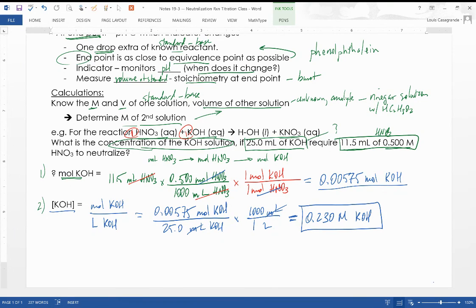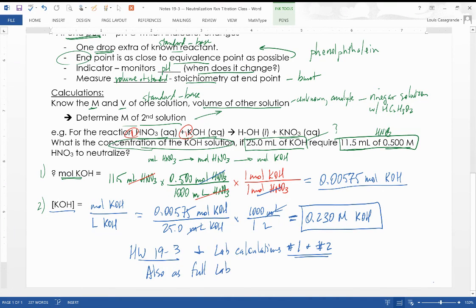So the homework is going to be homework 19-3, but I'm going to say this numerous times, and the lab calculations in number 1 and number 2, you're going to do those lab calculations and you're going to turn them in as part of homework 19-3, but it's also going to be part of your full lab, as you always have to do.